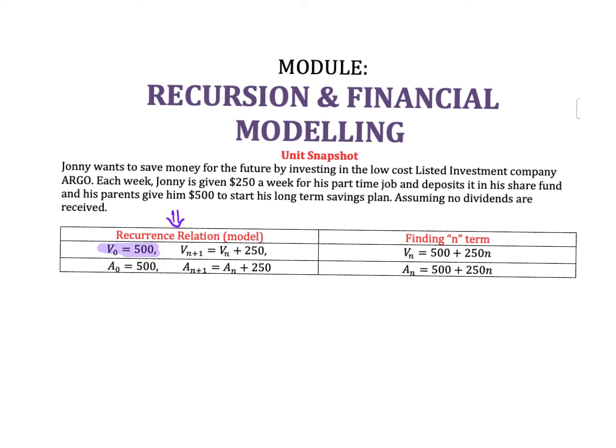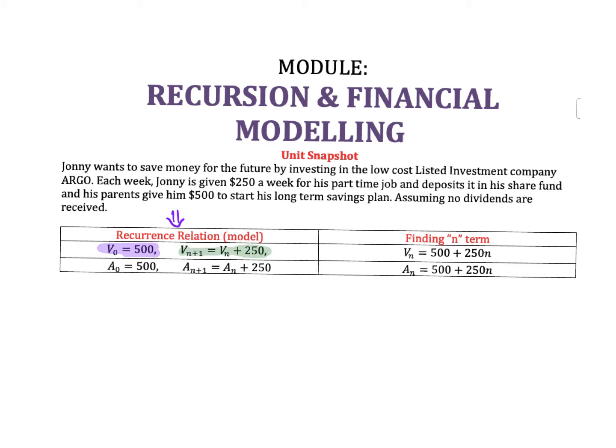They call it V0, meaning zero time has passed. So V0 is the initial starting part, and his parents gave him 500. And then every week on, so this is like a weekly model, he adds his 250 wage into it.